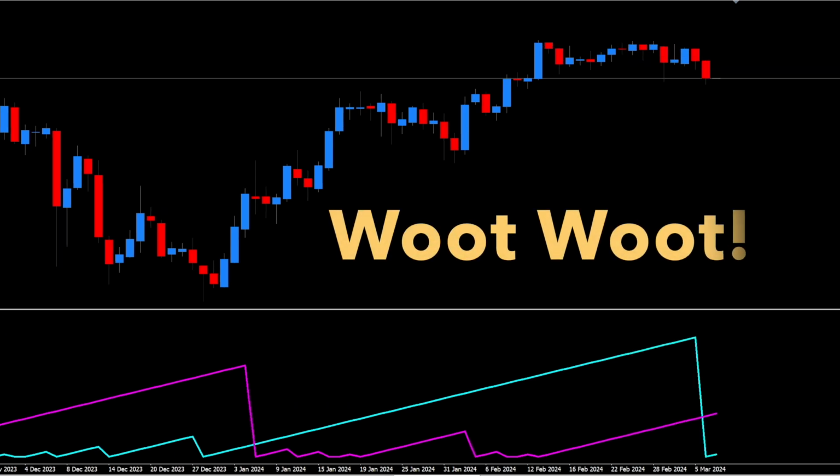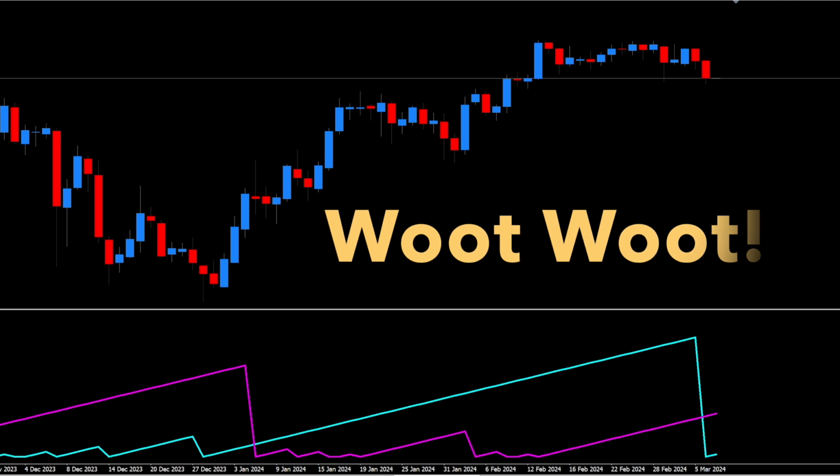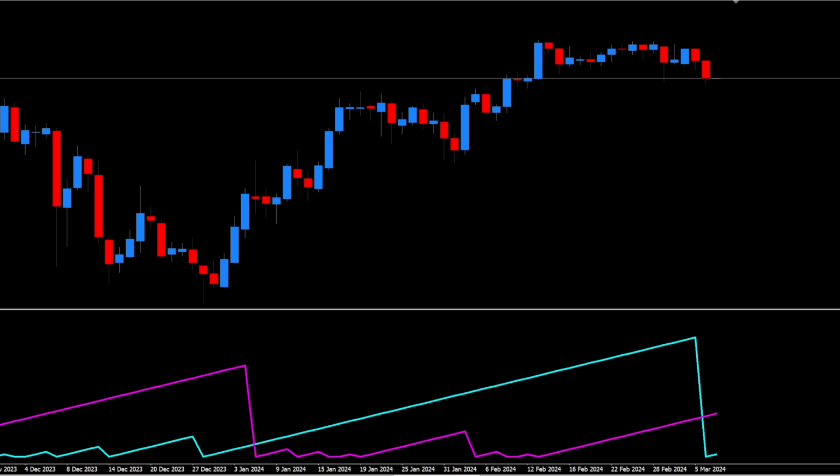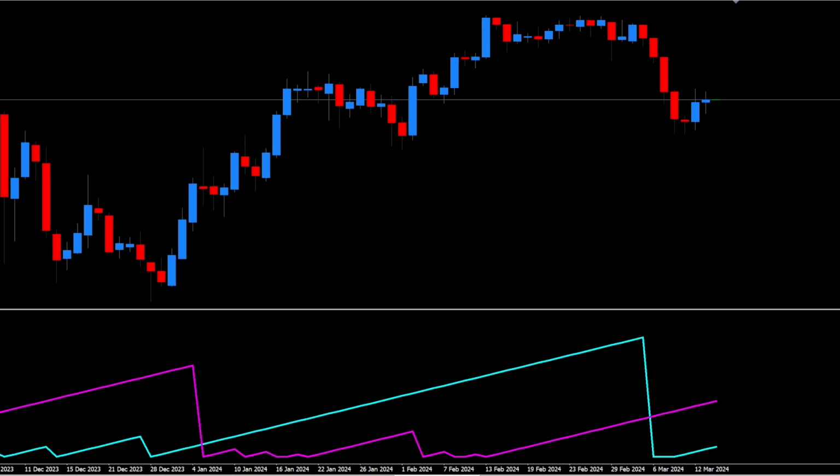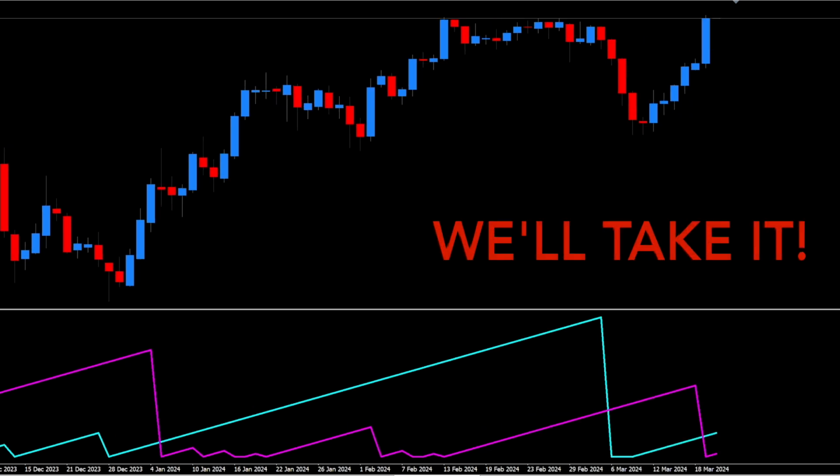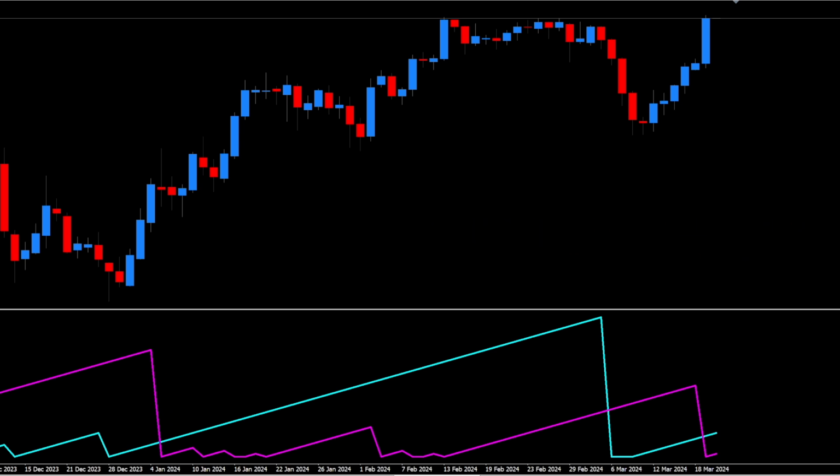We got in relatively early on that last run, and it was just smooth sailing to profit. Notice how price flattened out and turned the signal lines into a short. A short run, but the first half of your trade would have hit its profit target before the price reversed and closed out your second half at break even. And half of something is always better than all of nothing.